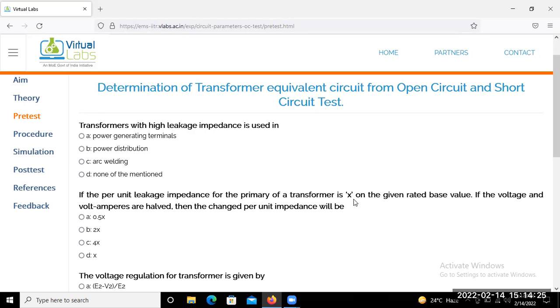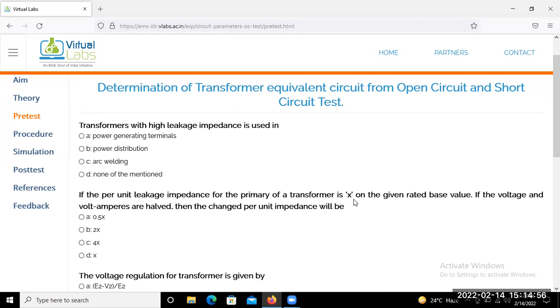So for the new value, we can put in this formula. That means if you want to find the impedance, Z impedance in per unit for the new is equal to kVA new by kVA old into kilovolt old whole square by kilovolt new whole square.